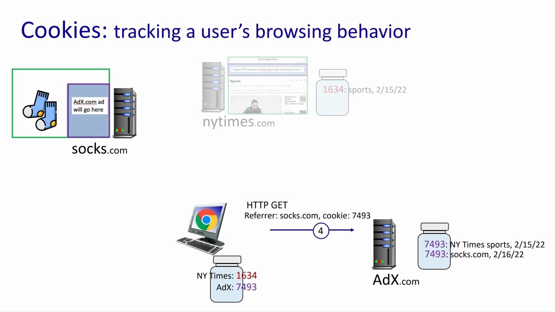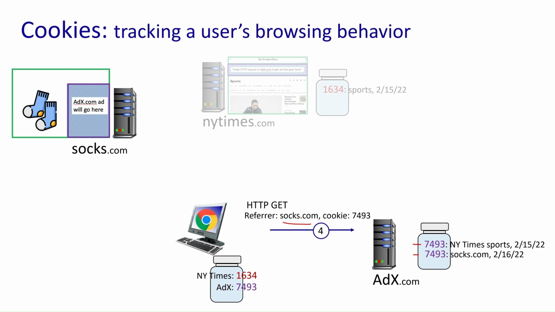Then again, in step four, I will send a request, and now the referral is socks.com. And because I have interacted with adx.com, I have the cookie, so I'll use the same cookie. But look at what adx.com is doing: it is recording my browsing details.